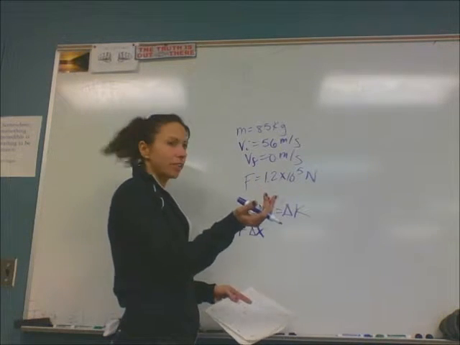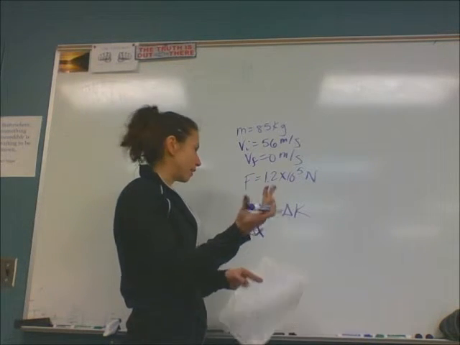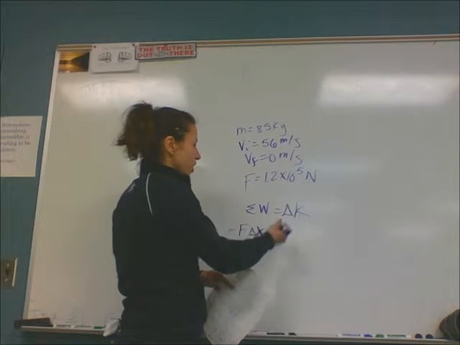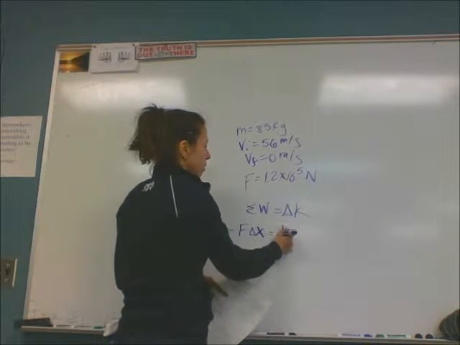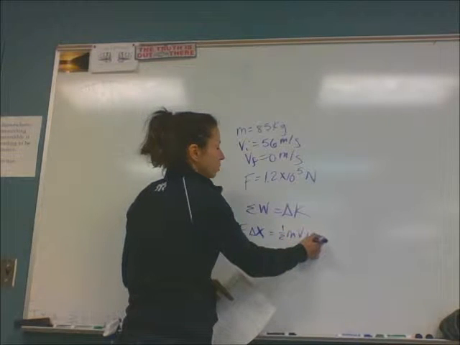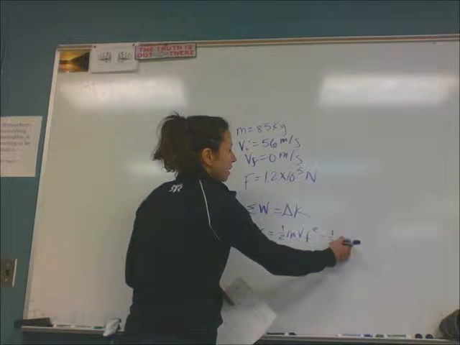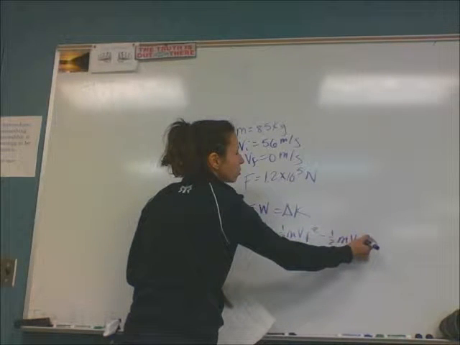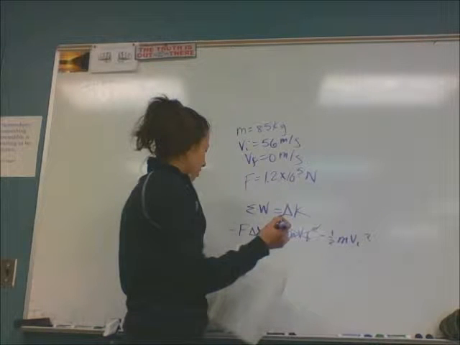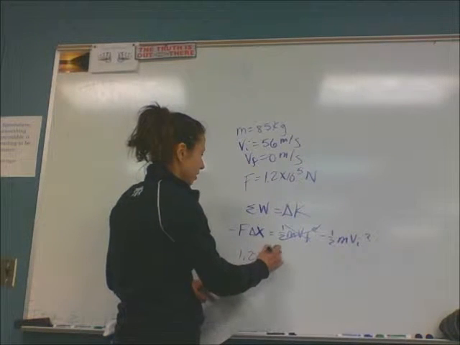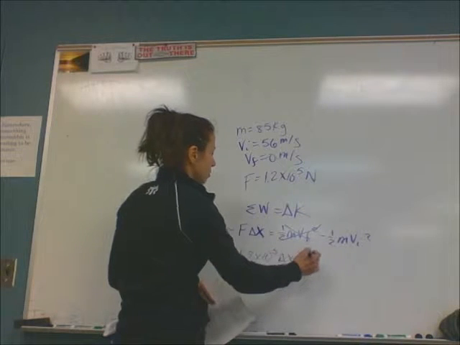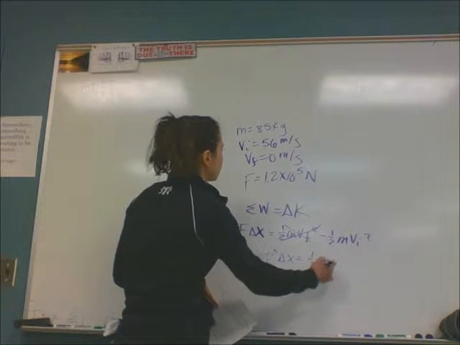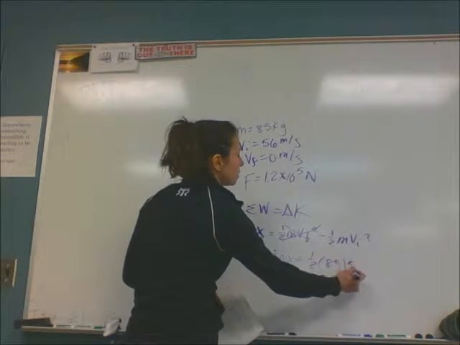And then the change in kinetic energy is going to be 1/2 m v final squared minus 1/2 m v initial squared. The final term goes away to 0, so then you have 1.2 times 10 to the 5th times delta x equals 1/2 times 85 times 56 squared. And for that answer, I got 1.11 meters.